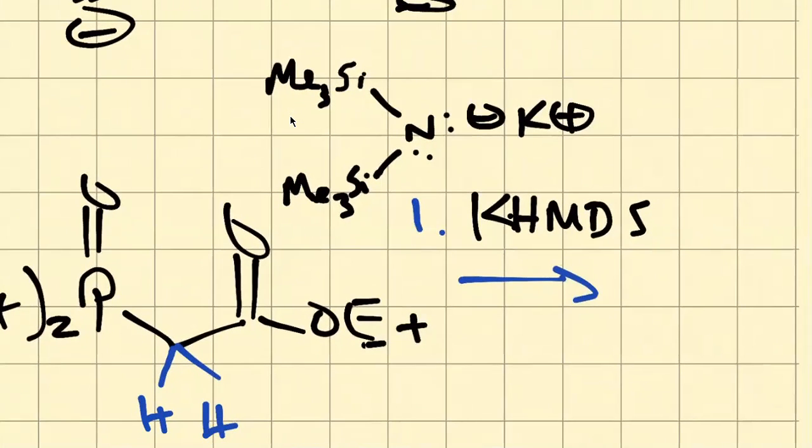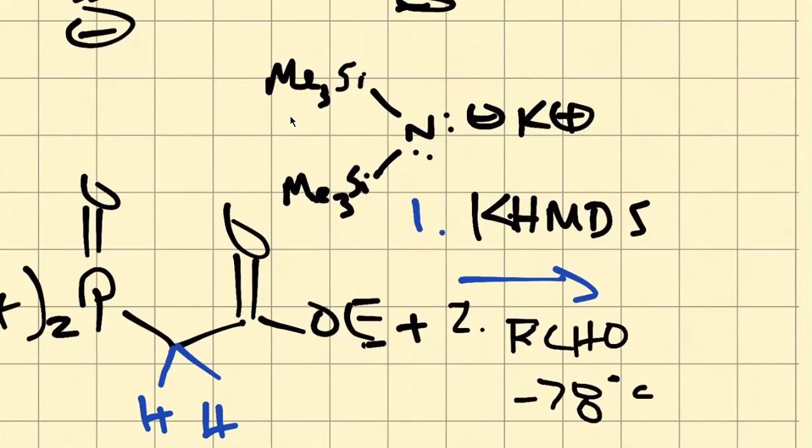So that's a strong base that's going to do your deprotonation, and then you just follow that up with the aldehyde at minus 78 degrees Celsius.